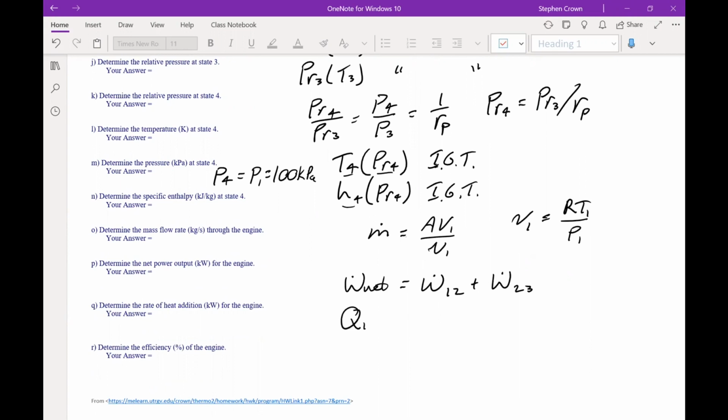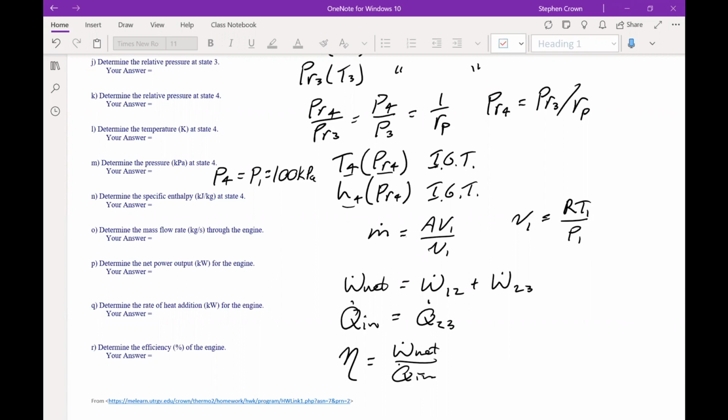And then the only Q in is the heat exchanger coming out of the compressor and going into the turbine, that heat exchanger in between there, which is Q23. And then finally, the efficiency equals the net work over Q in.